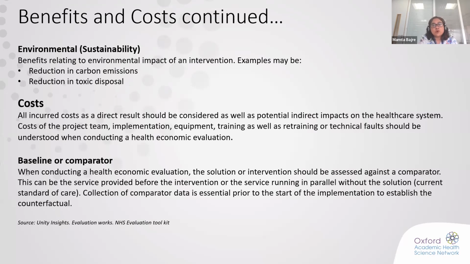For example, for a point of care test: the cost of the point of care test, the cost of the consumables, the cost of the device, the cost of the resources using it. And it's always advised to actually consider some of the indirect costs also, which gives you a clearer picture of the complete cost of that particular technology or intervention.